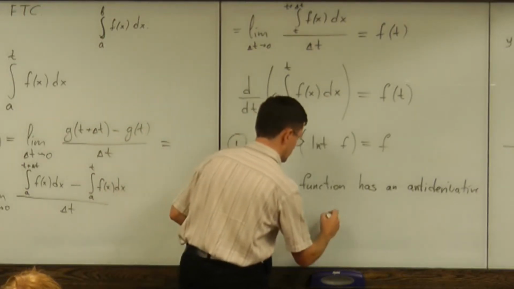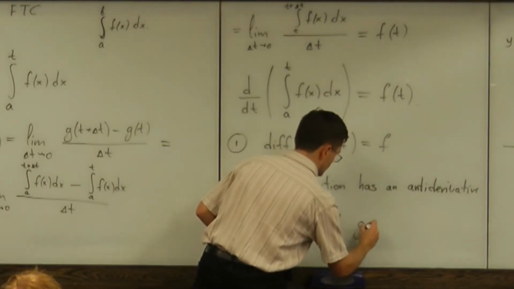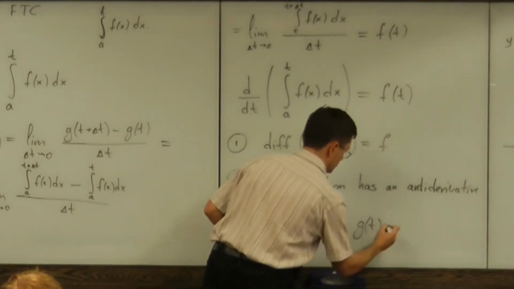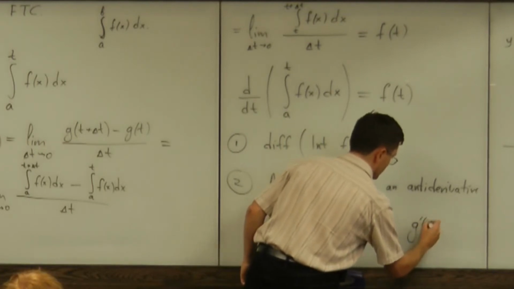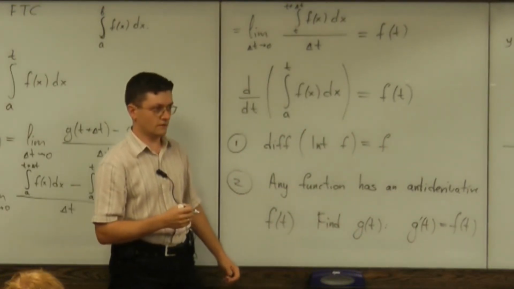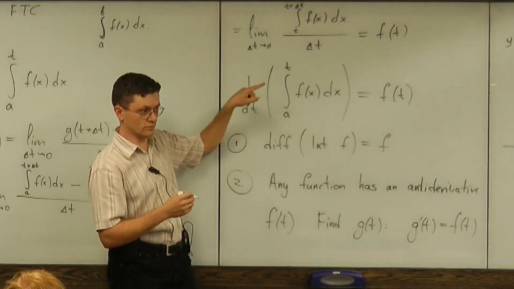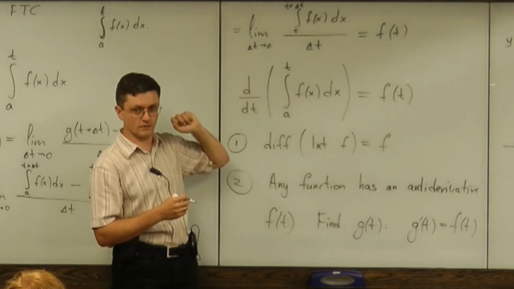Can you find g of t such that g prime of t is equal to f of t? And this theorem gives you the exact, precise answer.